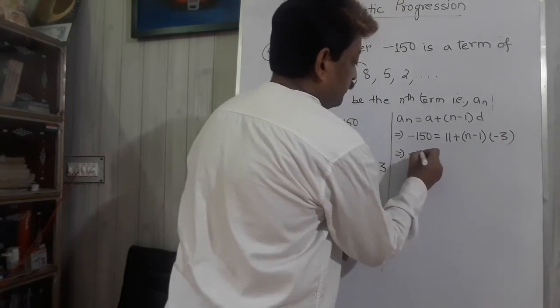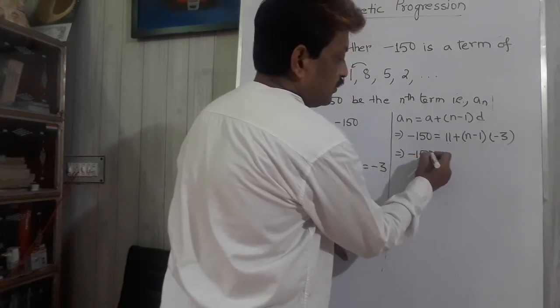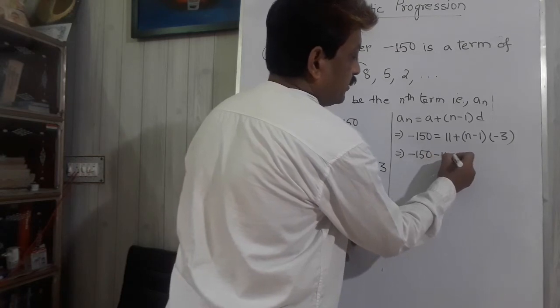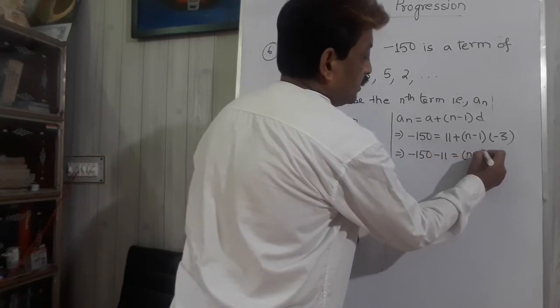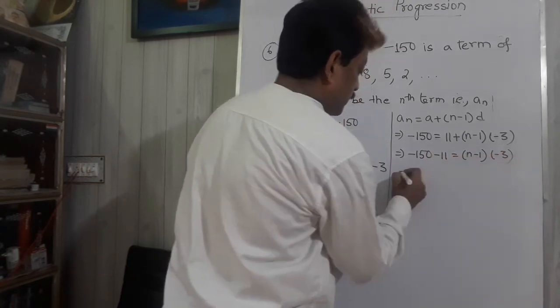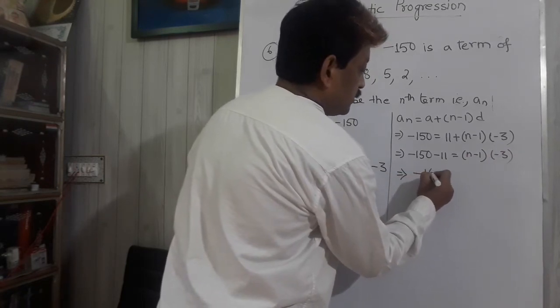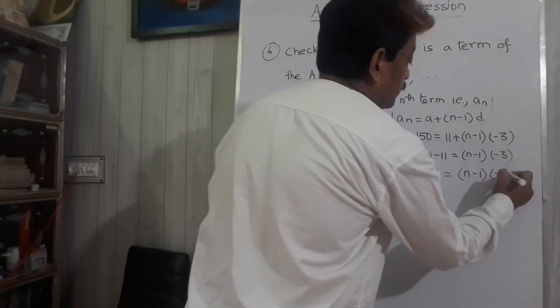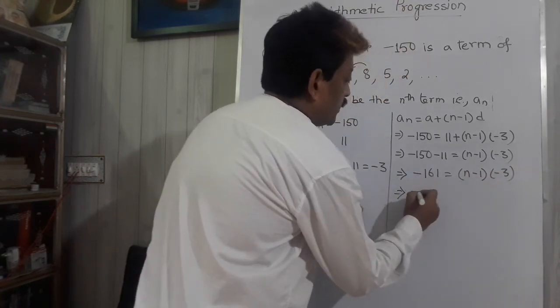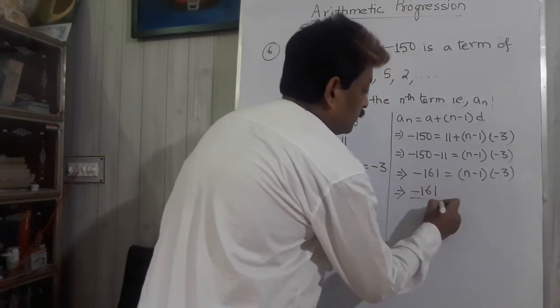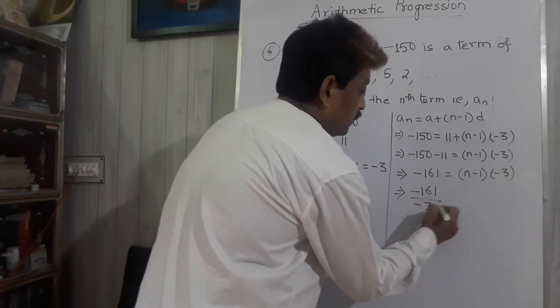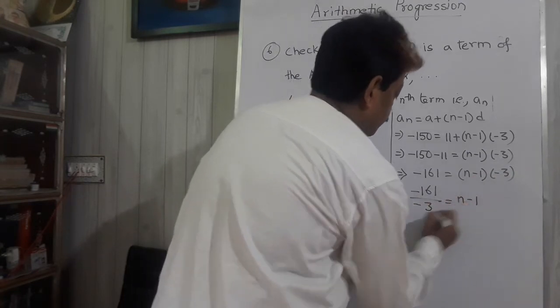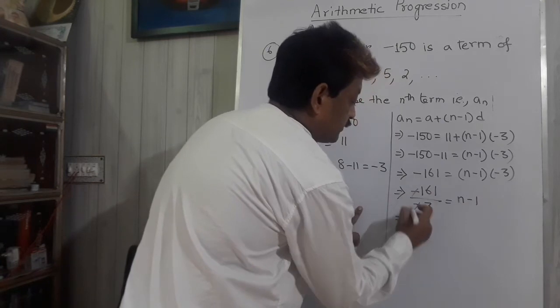So minus 150, this 11 will come to the left hand side, it will be minus 11, equals n minus 1 multiplied by minus 3. So minus 161 equals n minus 1 multiplied by minus 3. Minus 161 divided by minus 3 is equal to n minus 1, the minus signs will cancel.